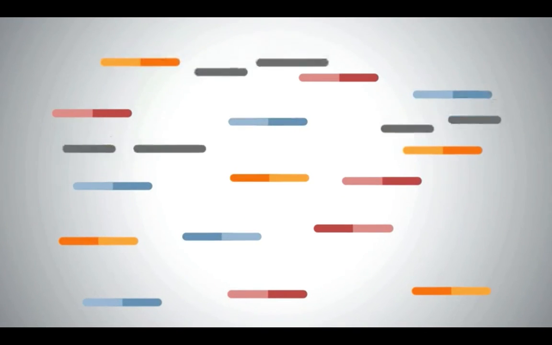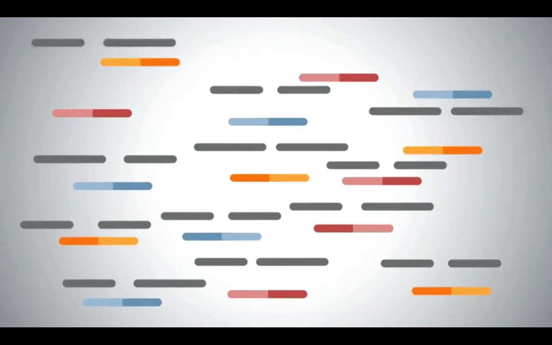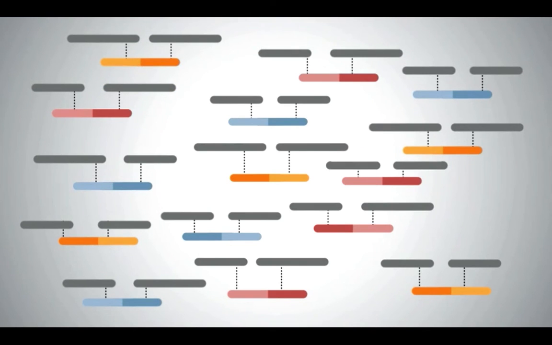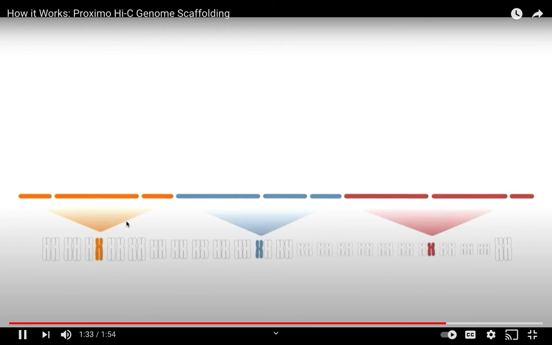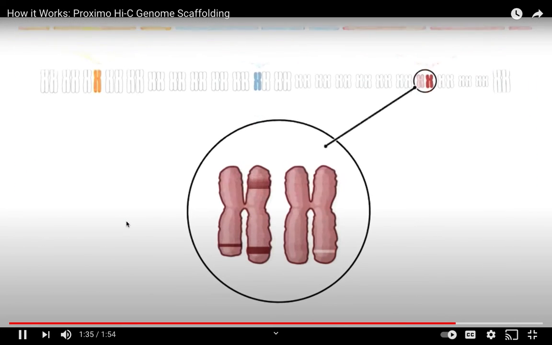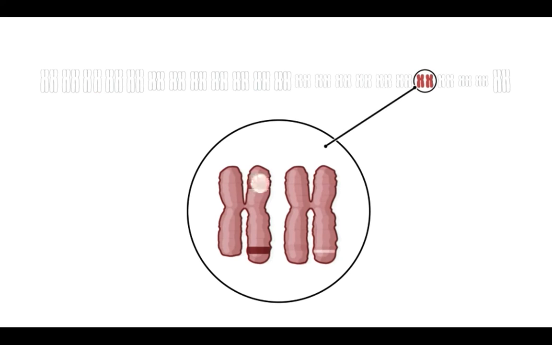The proximity ligation reads are then mapped onto a draft assembly. Proximity information is used to assign contigs to chromosomes and order and orient them along chromosome scale scaffolds. This results in fully scaffolded chromosomes of virtually any size. This process also detects structural variation and corrects assembly misjoins, as well as maps the three-dimensional conformation of chromatin within a population of cells.